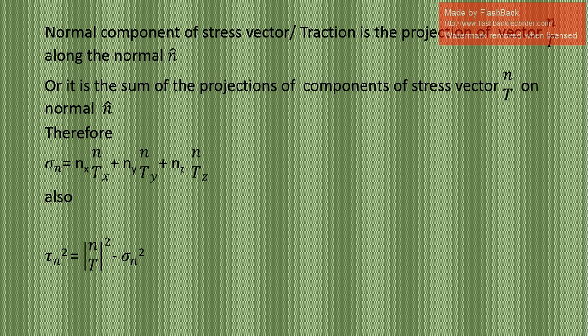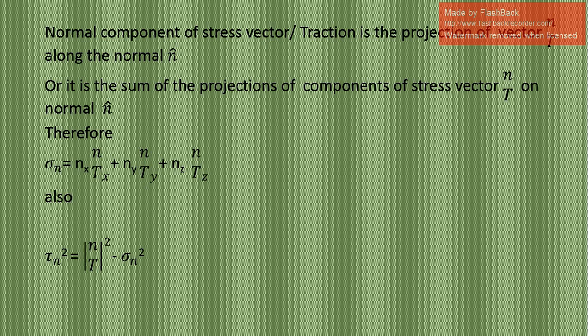The normal component of the stress vector is the projection of vector Tn along the normal. To find the normal component, we would have to project the vector Tn along the normal vector. Instead of doing that, we can project the components of the traction vector along the normal.